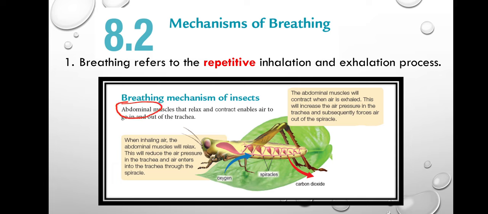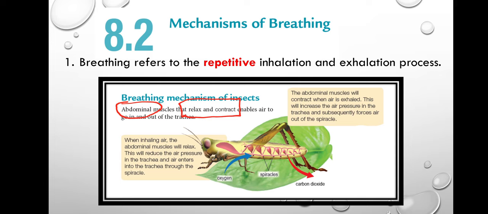The abdominal muscle relaxes and contracts. When we have muscle, there are only 2 words you must know: relax, contract. Muscle is always relax and contract, no matter what happens. The abdominal muscle relaxes and contracts in a rhythmic order, that means repetitively. So if muscle A contracts, muscle B must relax.